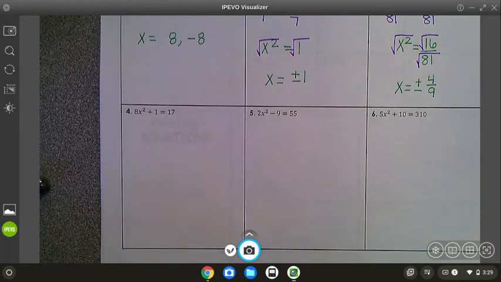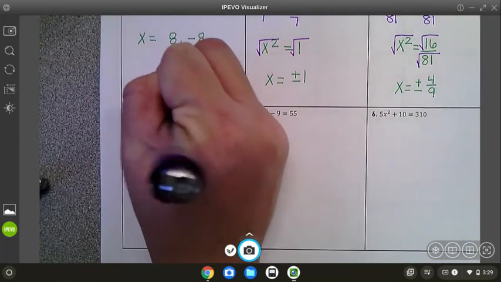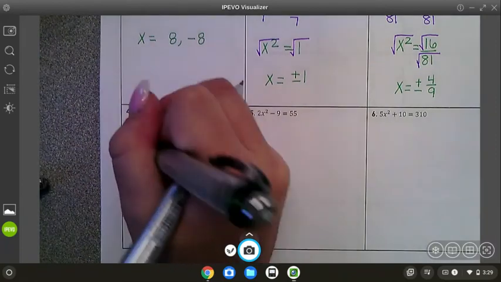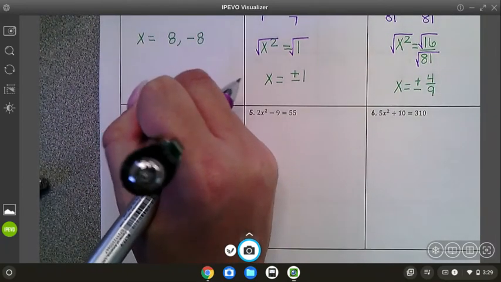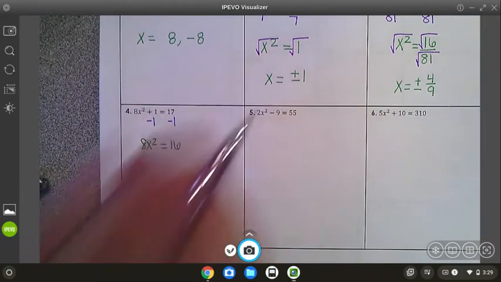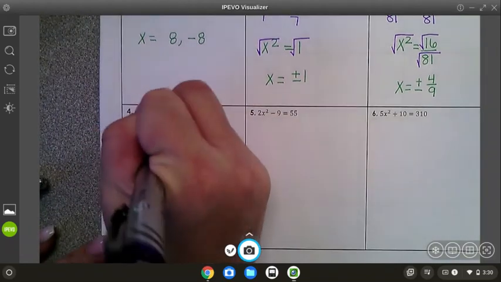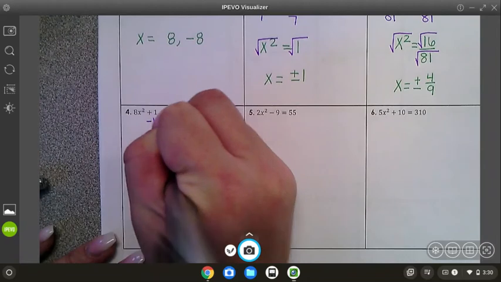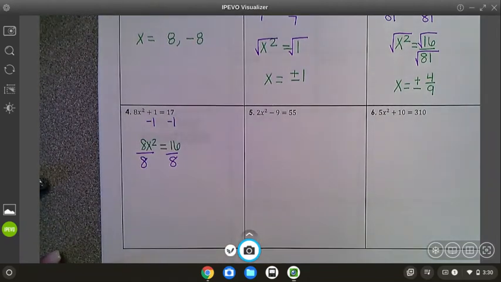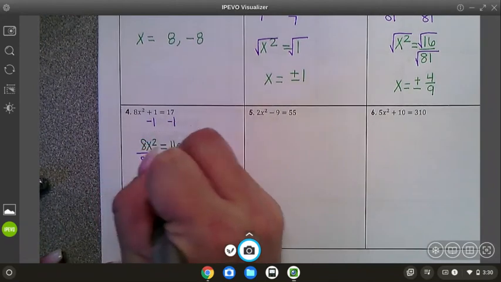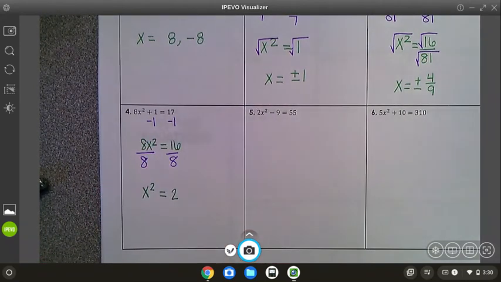Number 4, let's subtract 1 from both sides. And we get 8x squared equals 16. And then we divide by 8 to get x squared equals 2.